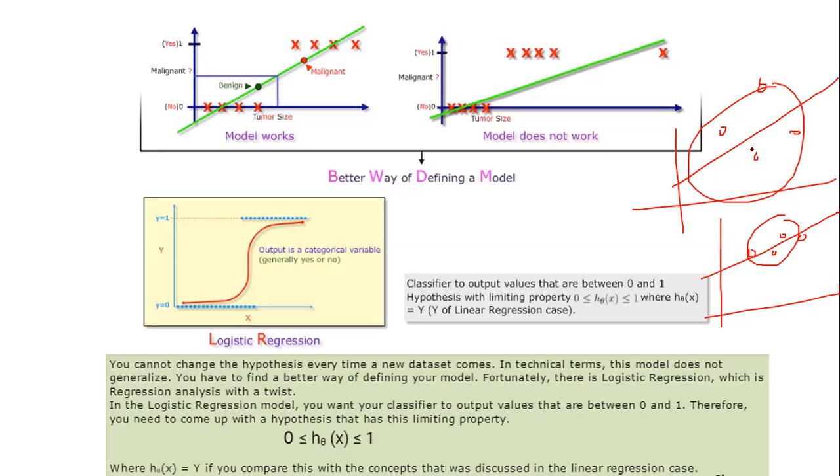Basically, suppose this is my model and it is fitting properly on the left-hand side data I'm drawing. It is fitting this particular data, and now I remove all of these 4 points.